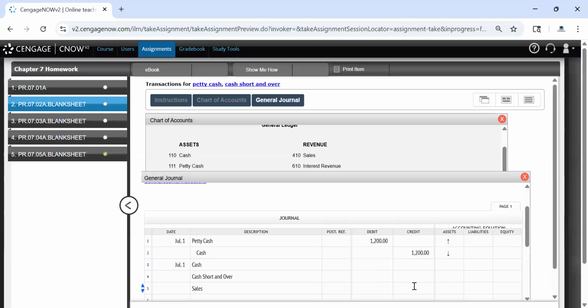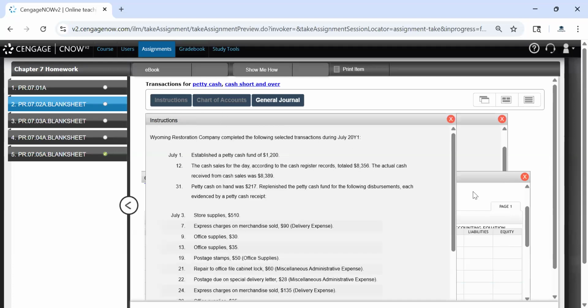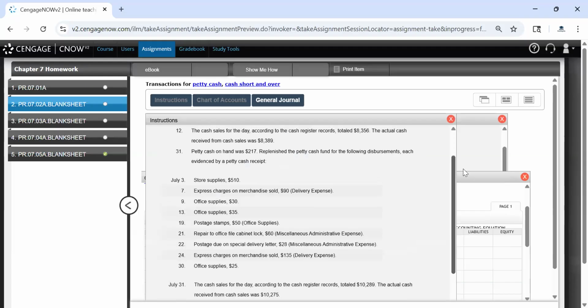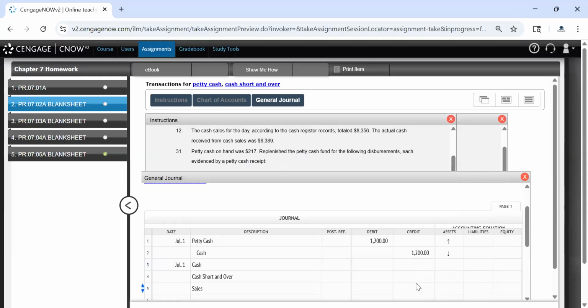And so the amount of sales is the amount that the register said. And the register said 8,356. And then the cash that we received has to be the physical cash that we actually received.